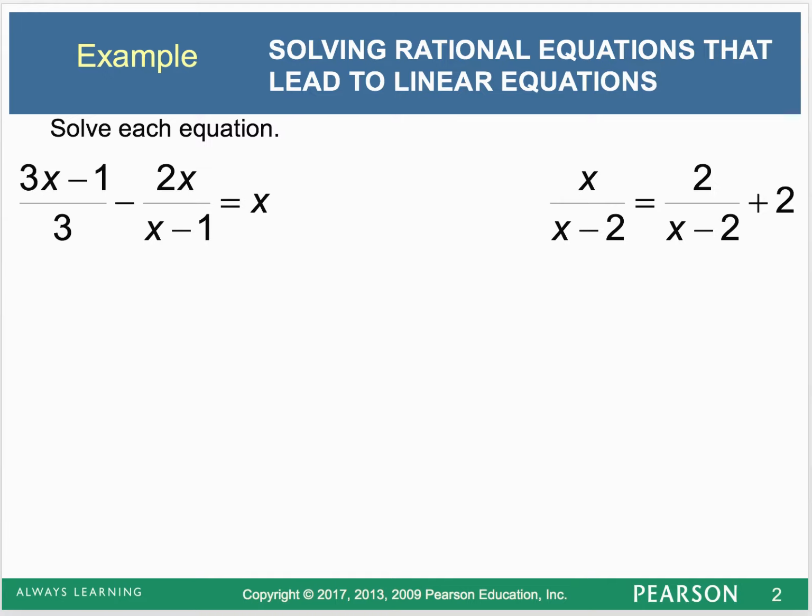Okay, over here, since they both have the same denominator, that is my common denominator. So I know my common denominator is x minus 2, so I'm going to multiply every term by that denominator, x minus 2.